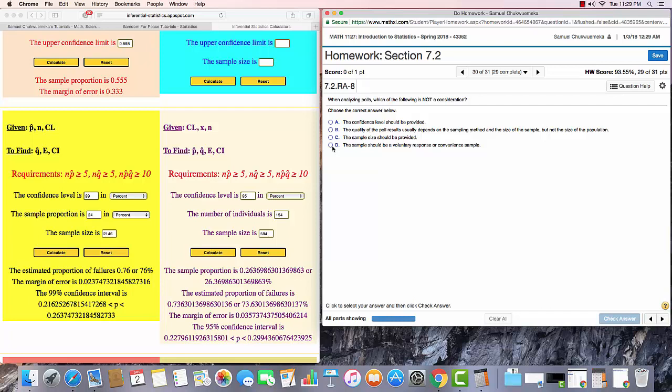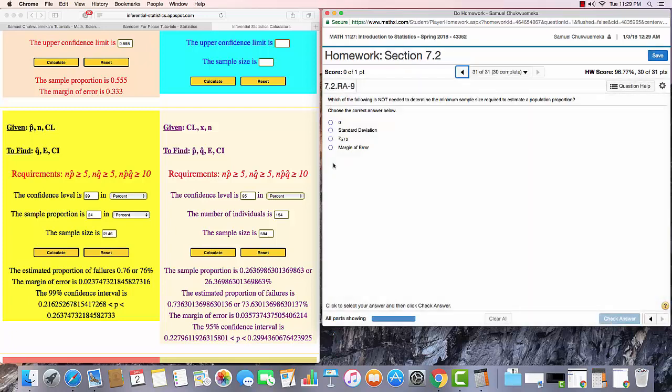That is correct. C. The sample size should be provided. Correct. D. The sample should be a voluntary response or convenience sample. No, we don't want that. Okay, we don't want that. We want a simple random sample.